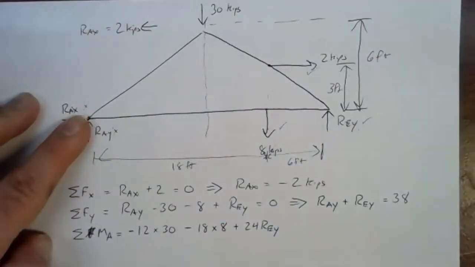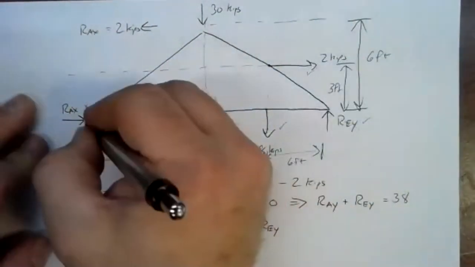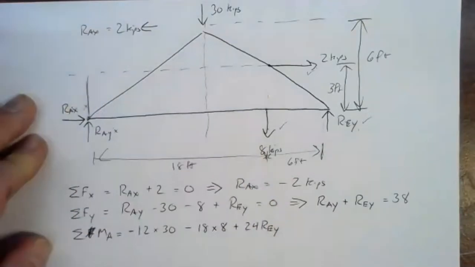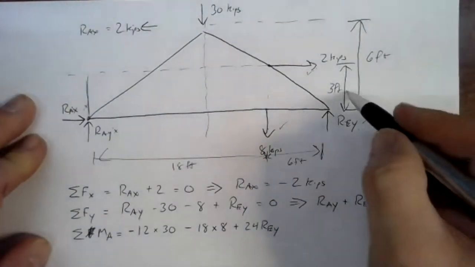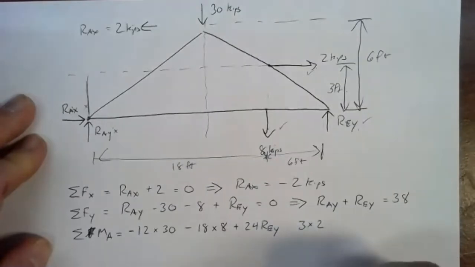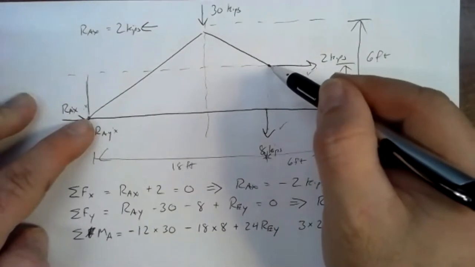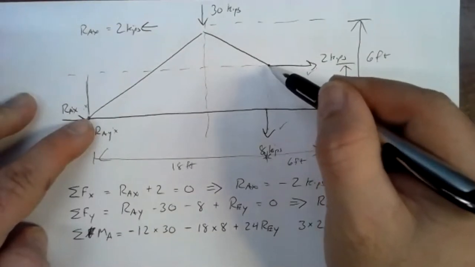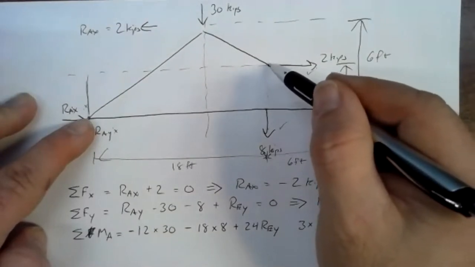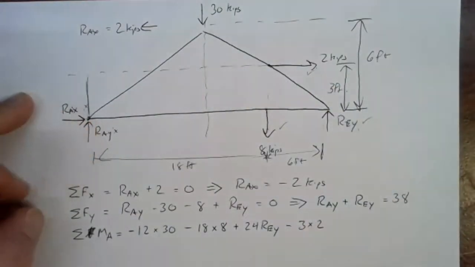And then we've got our 2 kip force. That 2 kip force has a line of action that is horizontal. So the arm is that distance right there. That's 3 feet. So we have 3 feet times 2 kips. Pinning at A and pulling to the right here, where the wind load is, at joint F, that's going to cause a clockwise rotation, and clockwise rotations are negative.